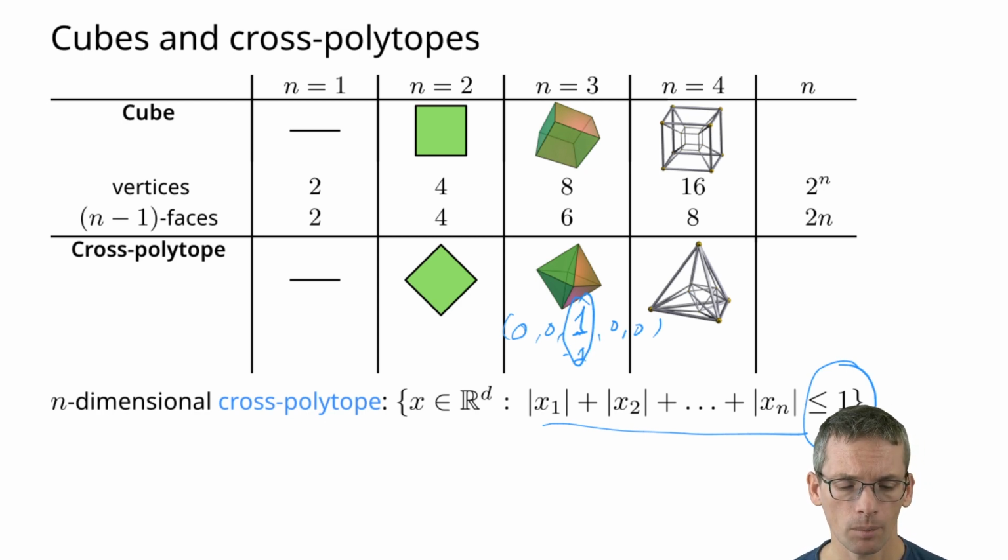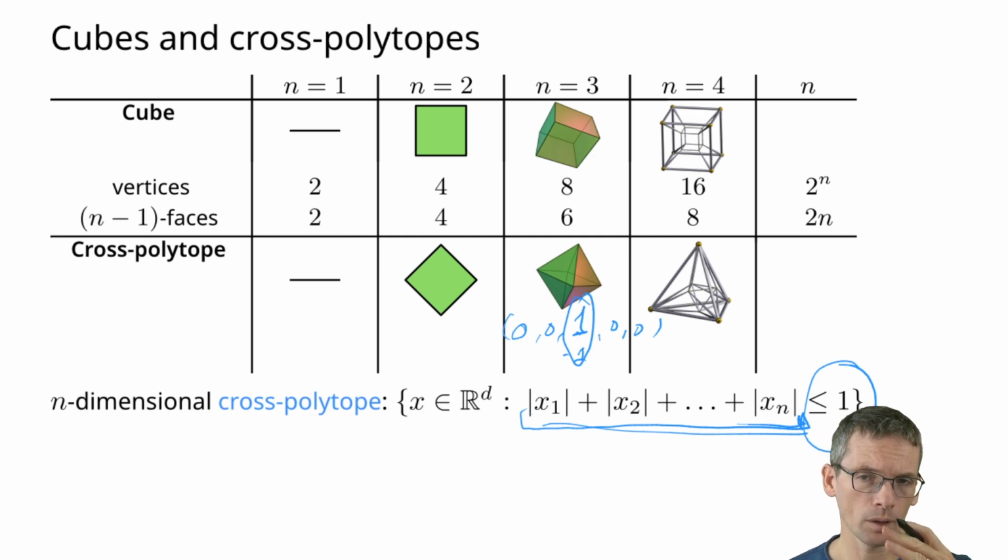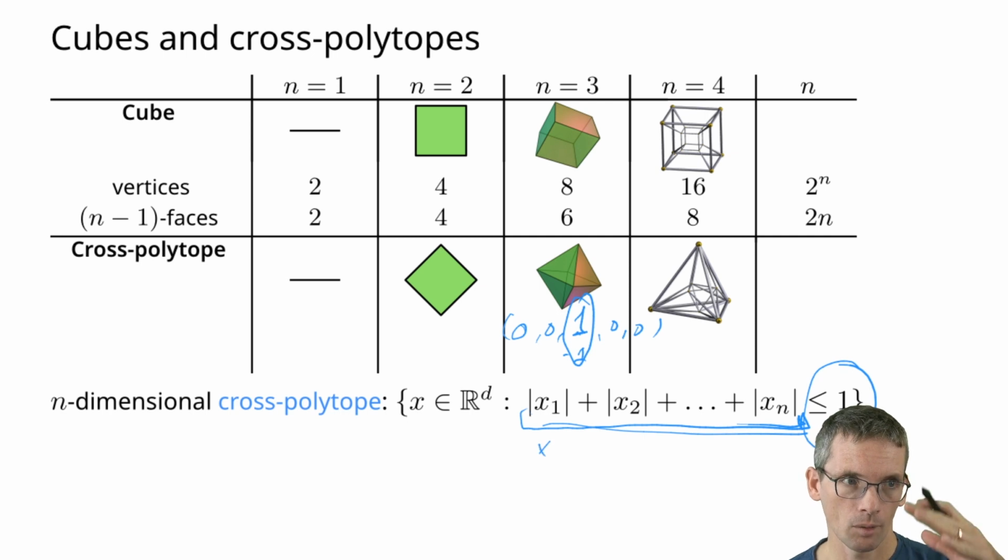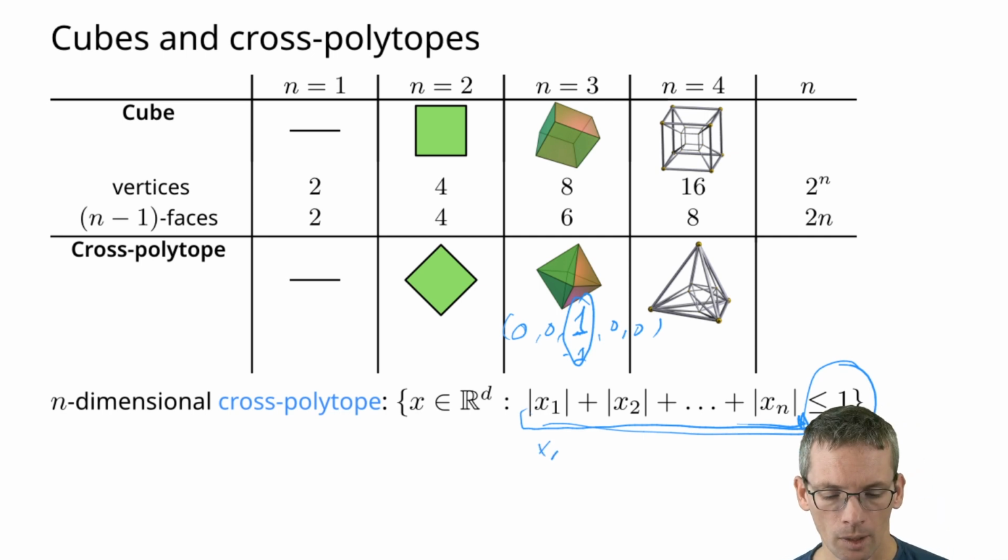In terms of the number of faces, this is a nicely compact way of writing it with absolute values. But in terms of the linear inequalities that this generates, I essentially need to combine all kinds of versions of positive and negative signs, so maybe x1 minus x2 plus x3 and so on, has to be smaller or equal to 1.